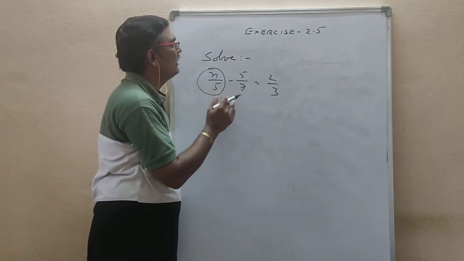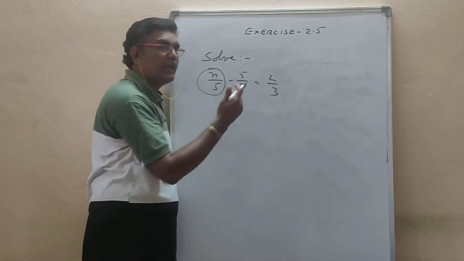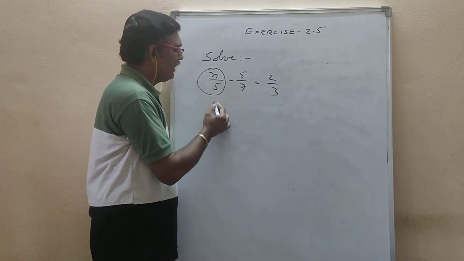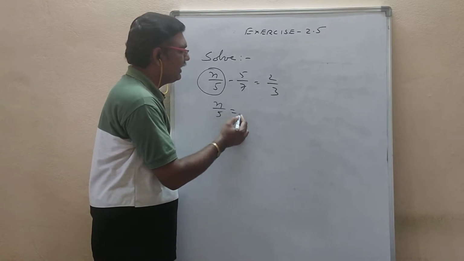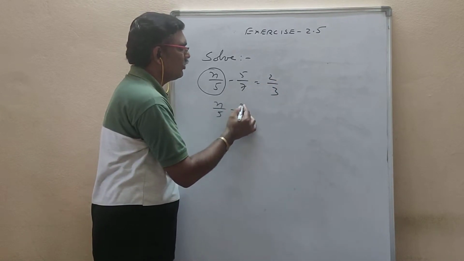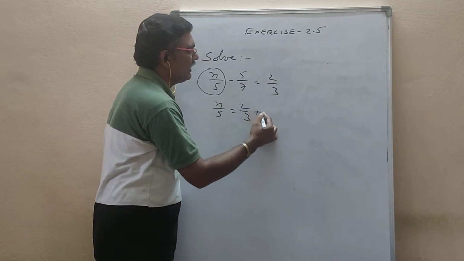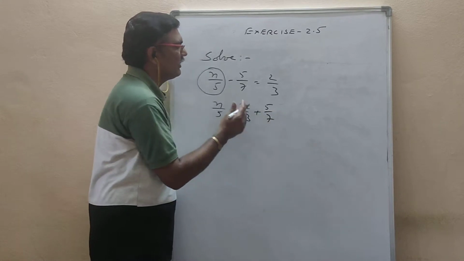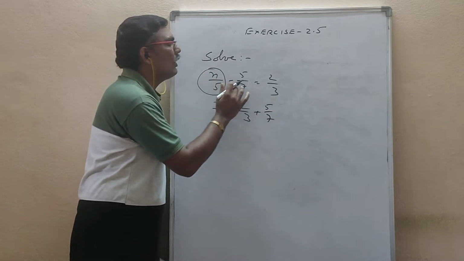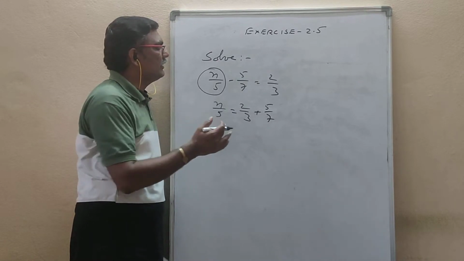So I am taking minus 5 by 7 to the right hand side. I keep n by 5 here only. After the equal to sign, I copy 2 by 3, and the minus 5 by 7 becomes plus 5 by 7. Transposing a negative quantity to the right hand side gives a positive quantity.